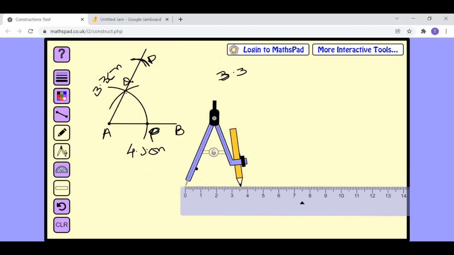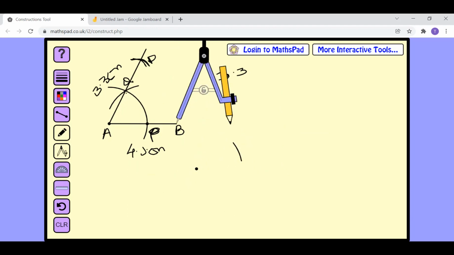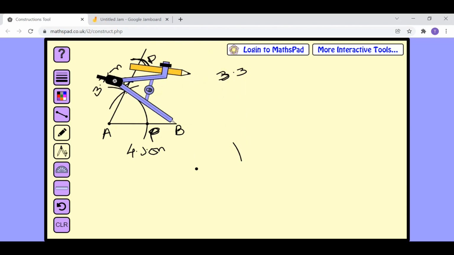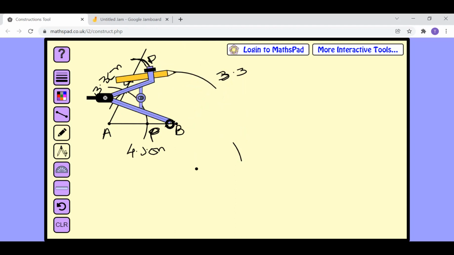Do you see how I have opened 3.5 centimeter here? Now I'll remove the scale and place this compass at B, and make an arc of 3.5 centimeter. Did you see how to make an arc? We'll make this arc a little bigger. Now I'm going to take a scale once more.